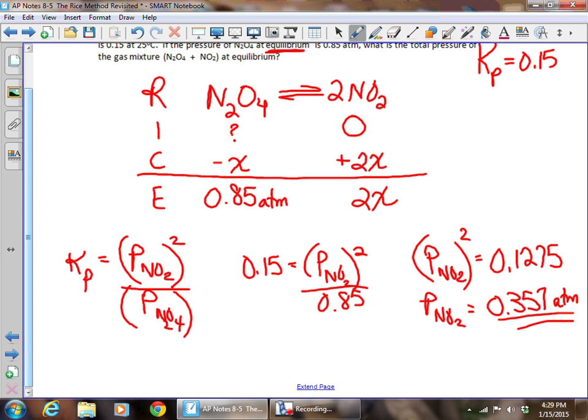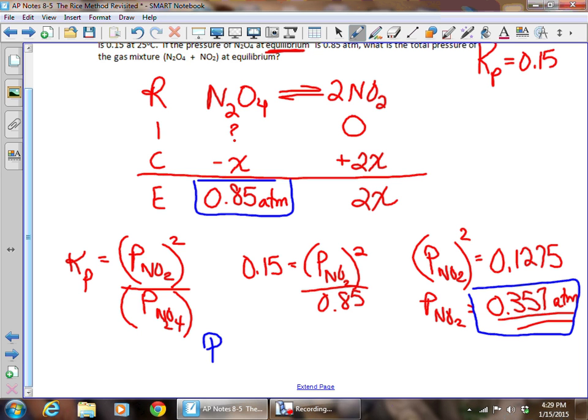All this one asks us to do is to find the total pressure at the end. We now know the pressure of N2O4 at equilibrium is this, and we know the pressure of NO2 at equilibrium is this.